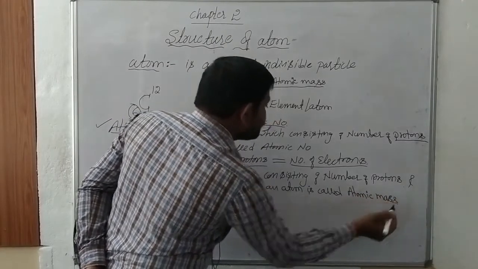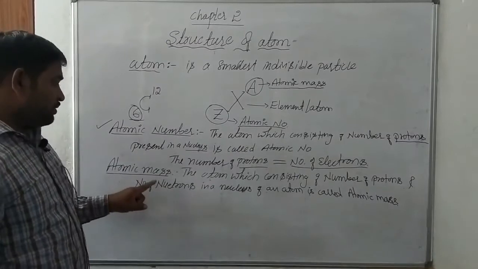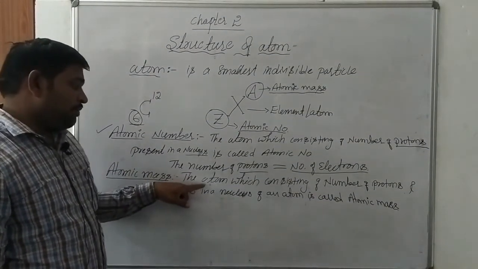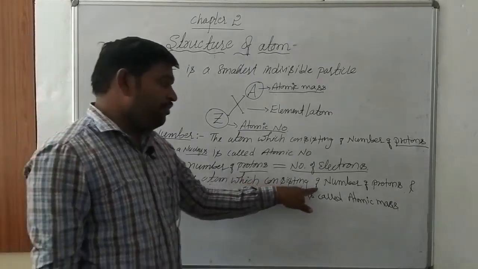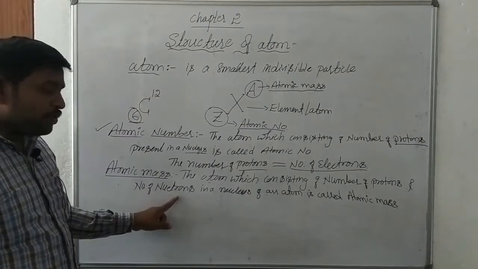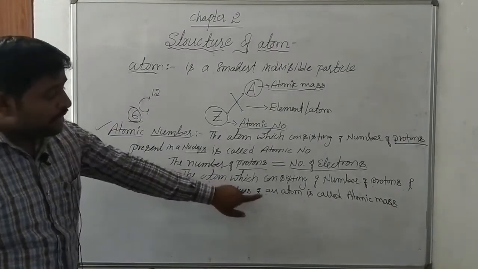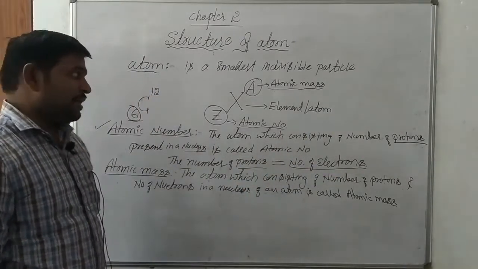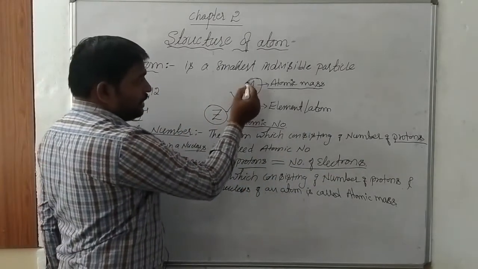Dear students, now you can define the term atomic mass. The sum of the number of protons and the number of neutrons in the nucleus of an atom is called the atomic mass.